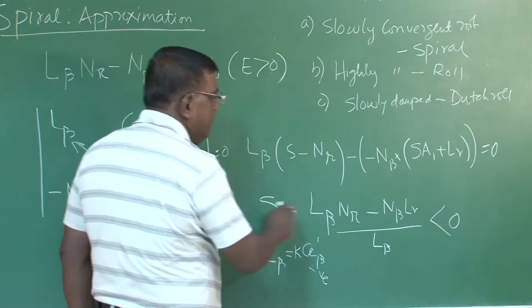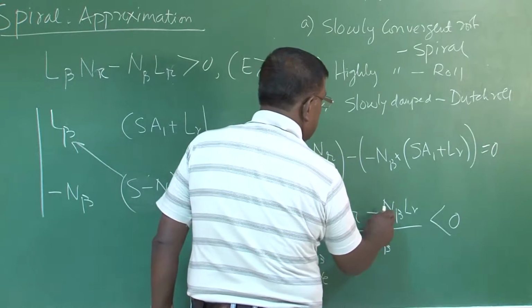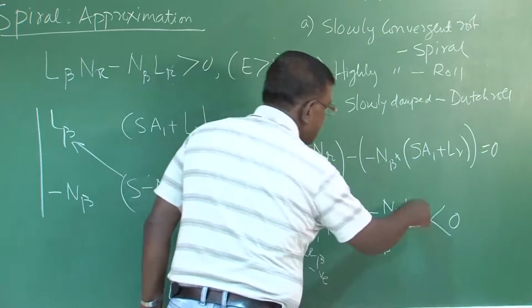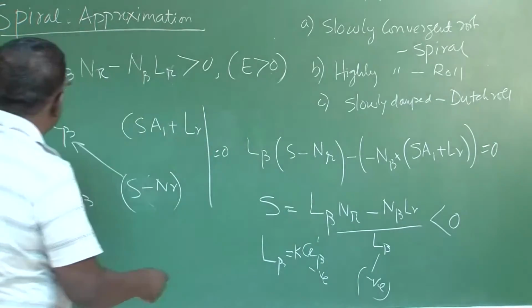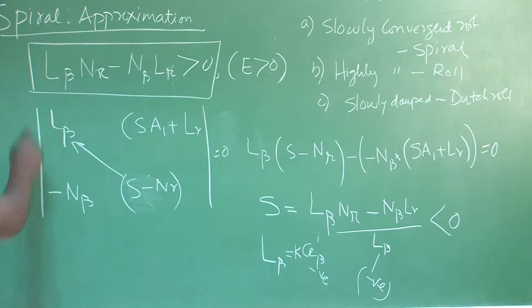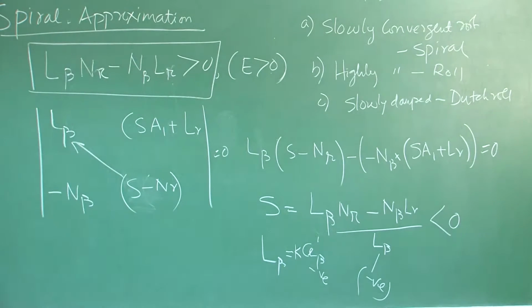So for s less than 0, L beta into Nr minus N beta into Lr has to be greater than 0. Please understand this condition to be less than 0, and since this is negative, this gives me a condition which we have already seen, L beta Nr minus N beta Lr greater than 0. Okay. So this also we are getting from first approximation.